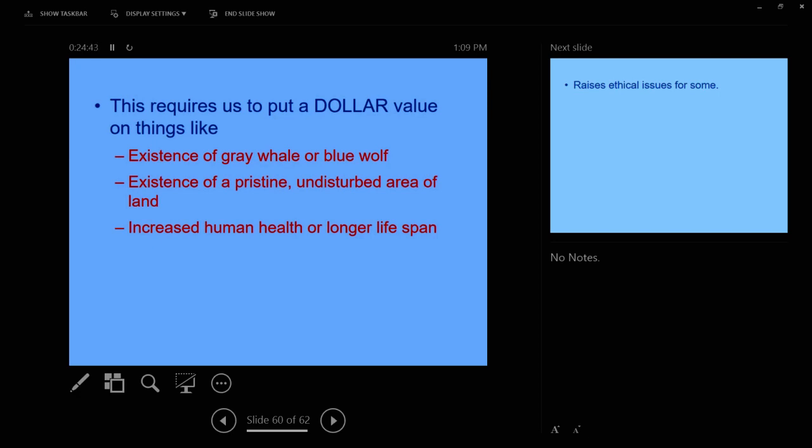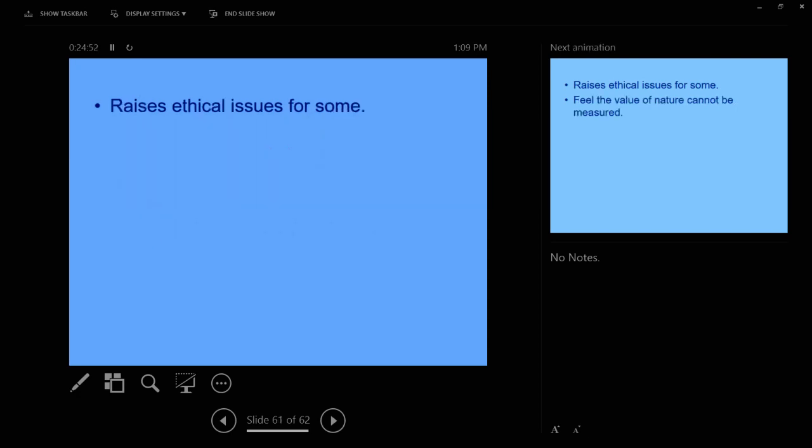But there are methodologies for doing this, and there are people whose entire jobs are to do these kinds of cost-benefit studies. But this raises ethical issues for some people. In other words, not everyone thinks that this is an ethical thing to do.